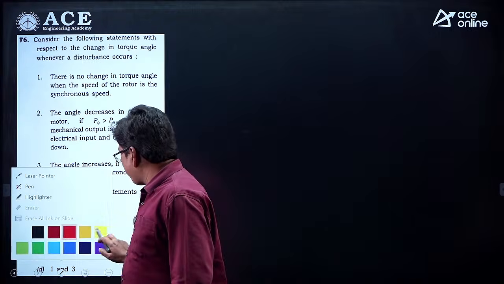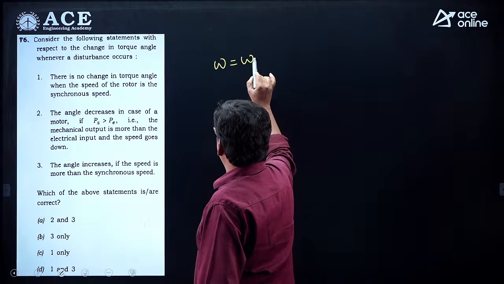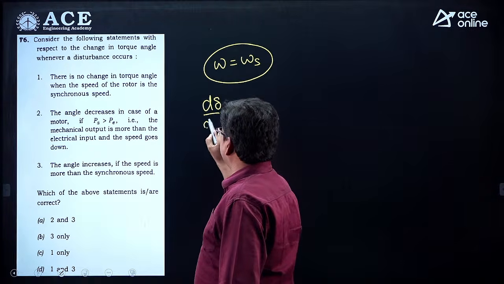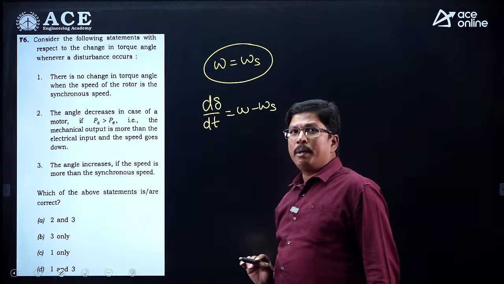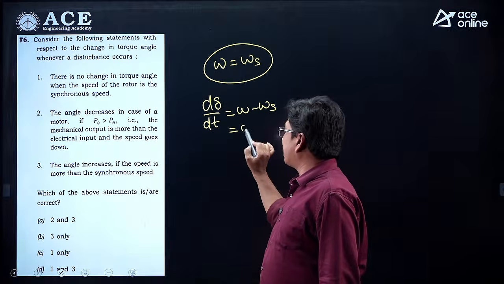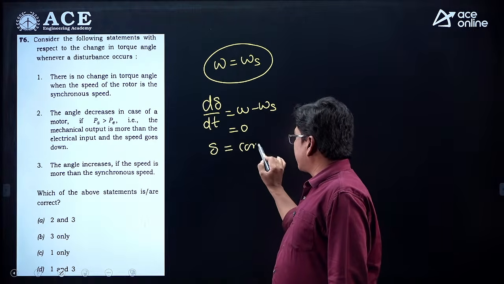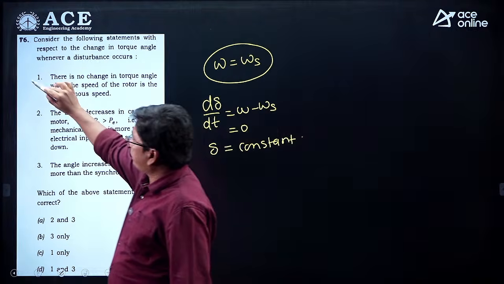Yes, whenever omega is exactly equal to omega s, d delta by dt, which is defined as omega minus omega s, is equal to 0, so we can say the rotor angle is constant. So statement 1 is correct.